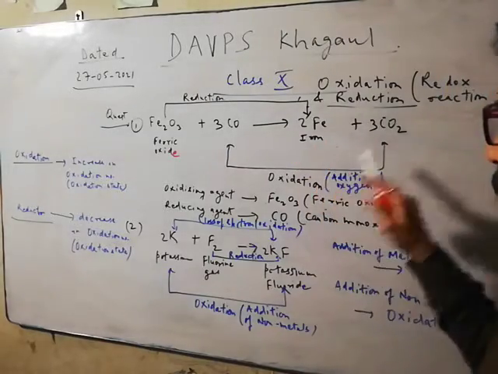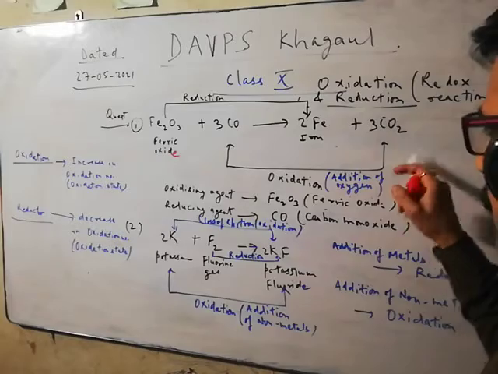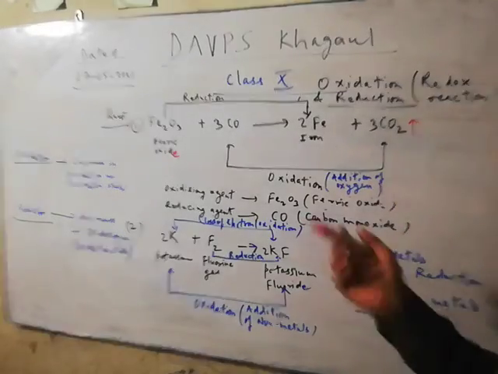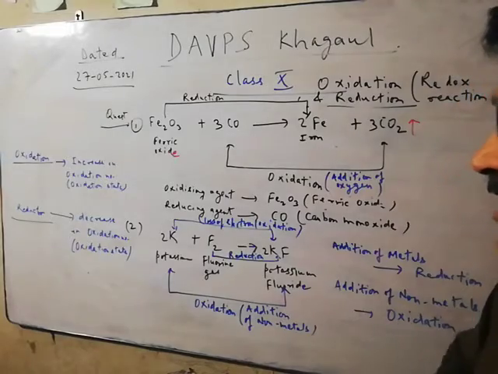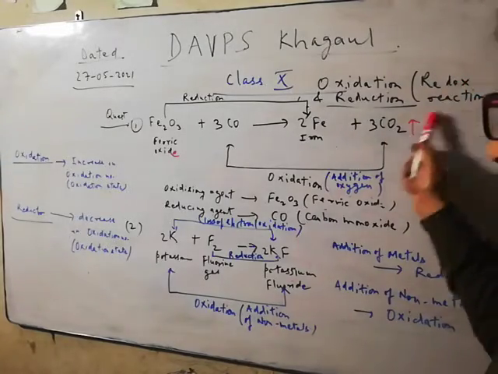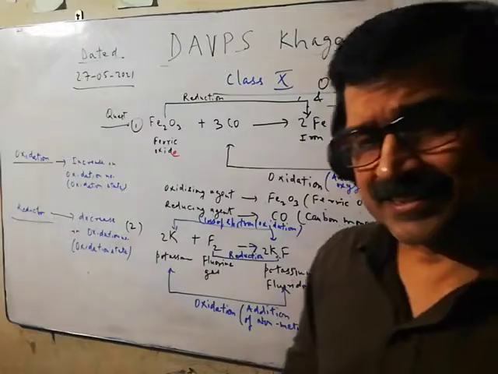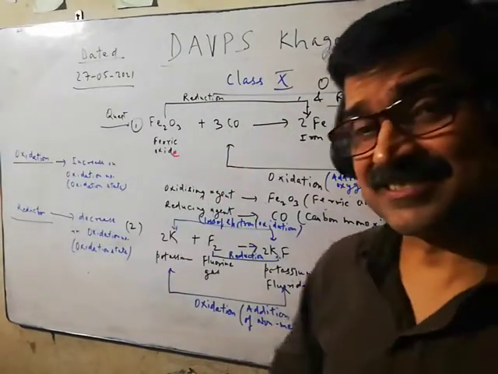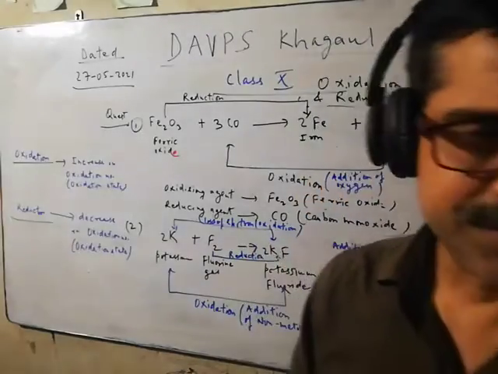Iron is formed and we obtain carbon dioxide gas. So which type of reaction is that? Is it a redox reaction? Then where there is oxidation and where there is reduction, that we have to decide.